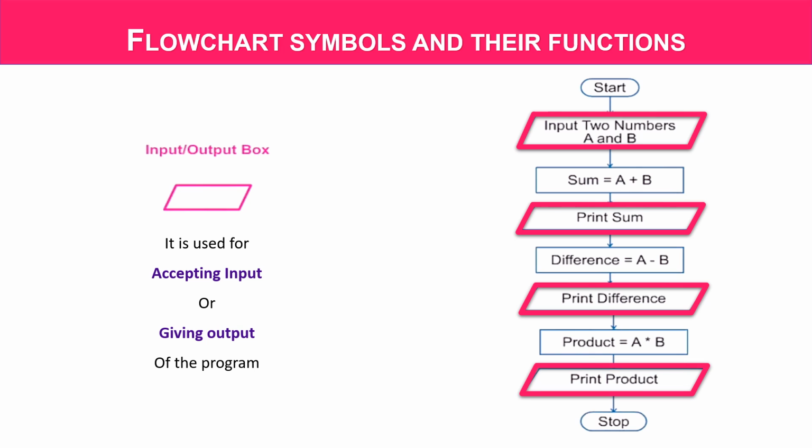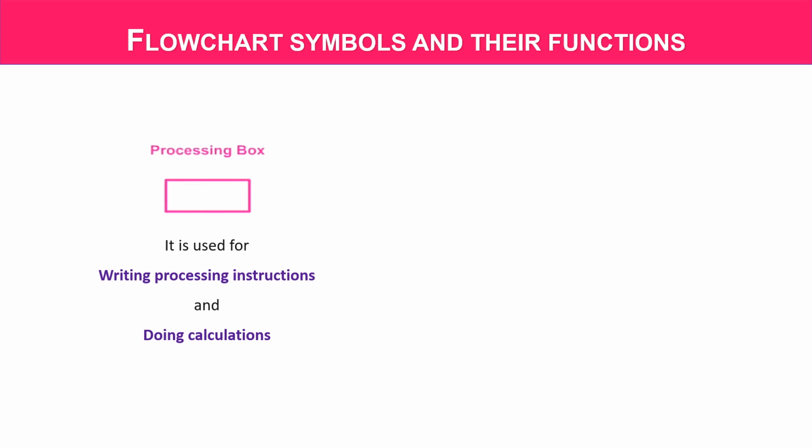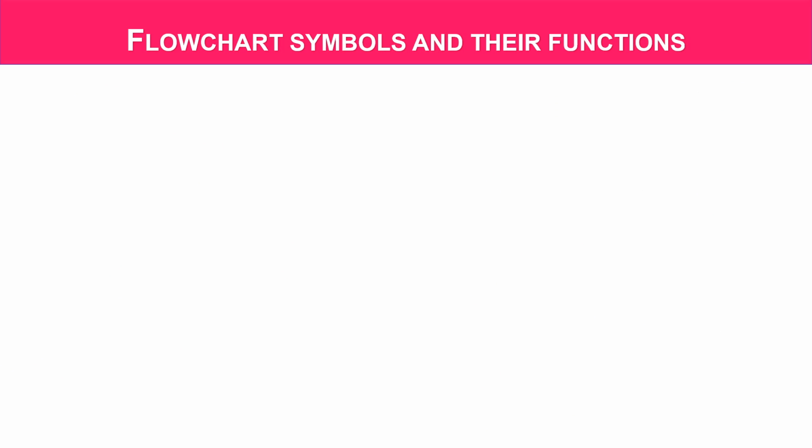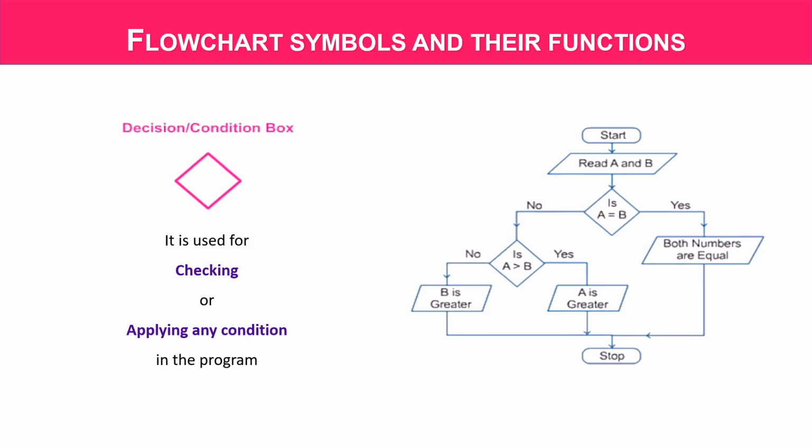Take a look. Processing box. It's used for writing processing instructions and doing calculations like this. Decision or condition box. It's used for checking or applying any condition in the program.